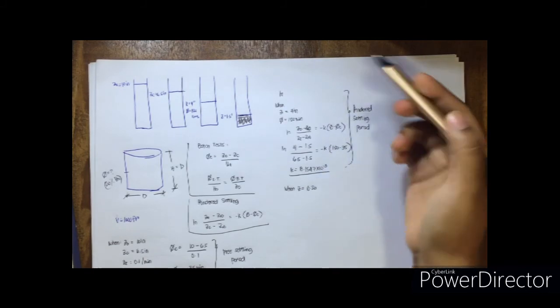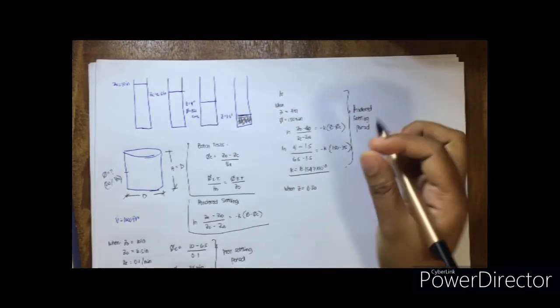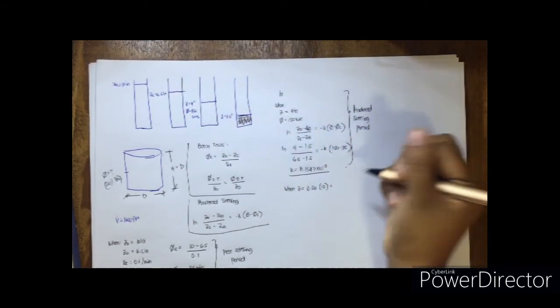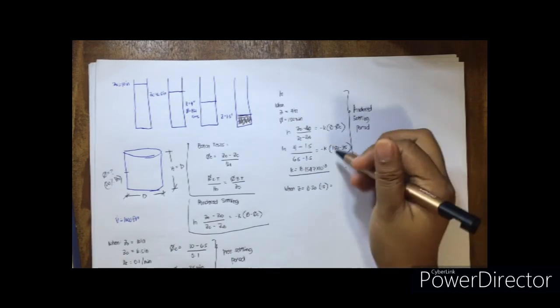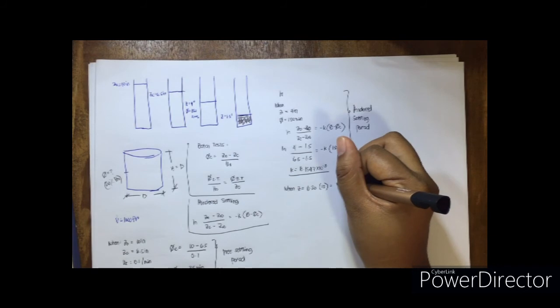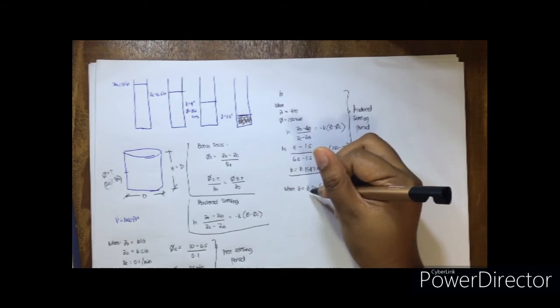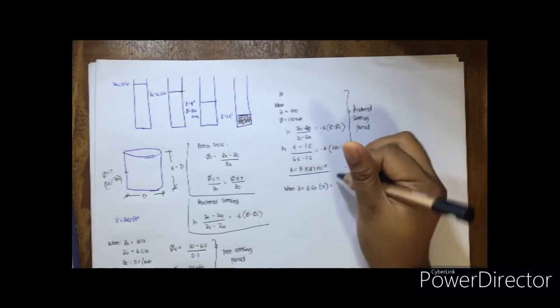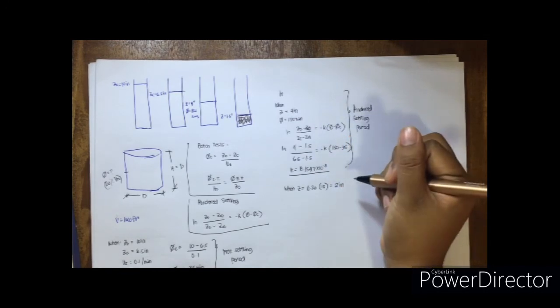Our original height in our batch test is 10 inches times 0.20. So we will be using Z, assuming sludge settled completely 2 inches.